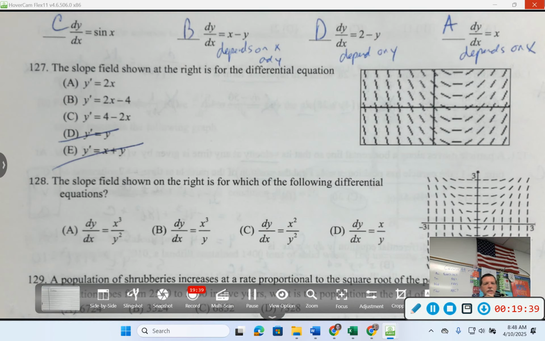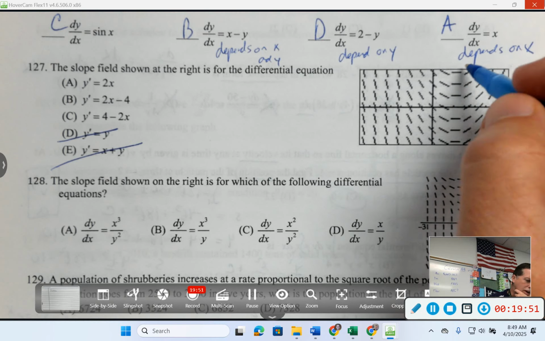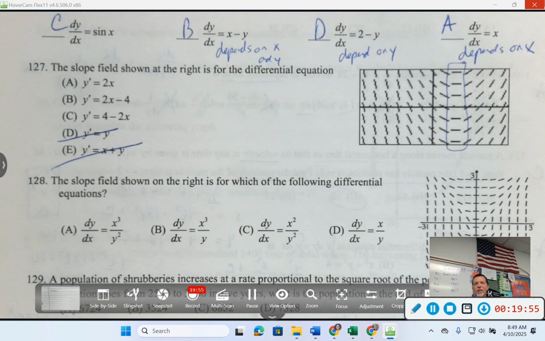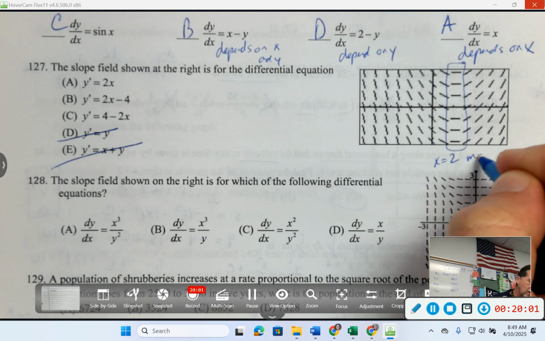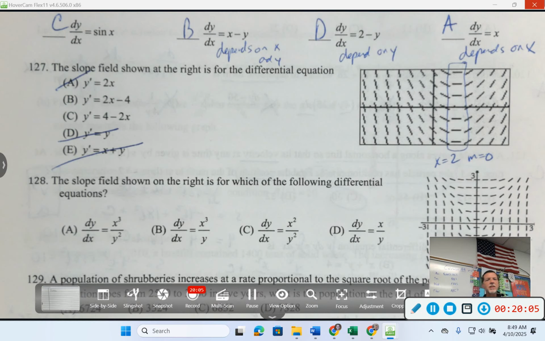So I can throw out D and E. And then I've got to work for it a little bit here. You can pick a point, or you can notice a value there. At x equals 2, dy dx is 0. So A is out. I still got B and C, though.